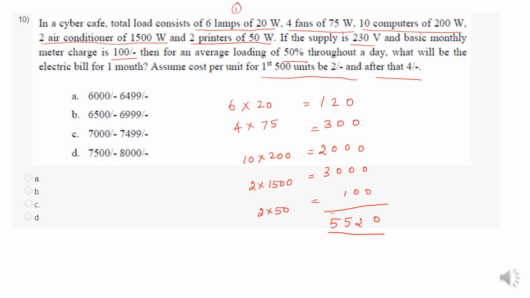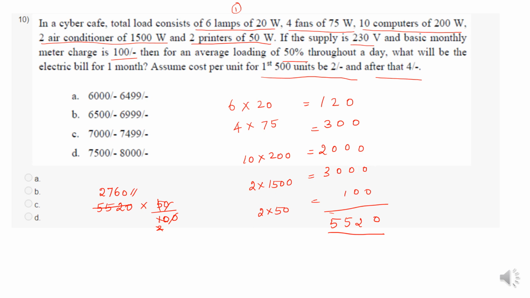But for an average loading of 50% throughout the day, 5520 into the average loading 50 by 100, that is 50% average loading. That gives 2760 for 50% throughout a day.